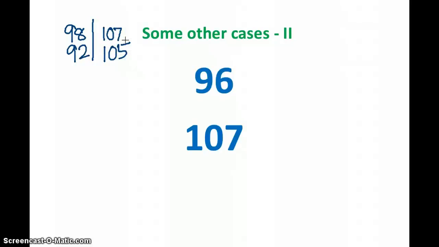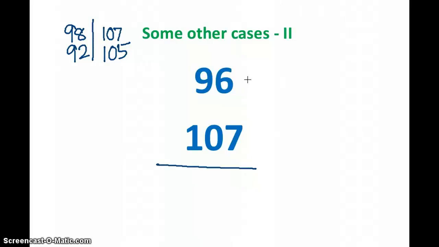So the numbers till now were either less than the base or more than the base. But we are seeing a case here where one number is less than the base and the other number is more than the base.